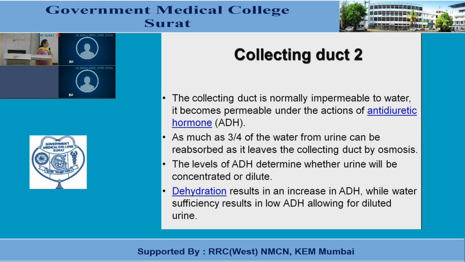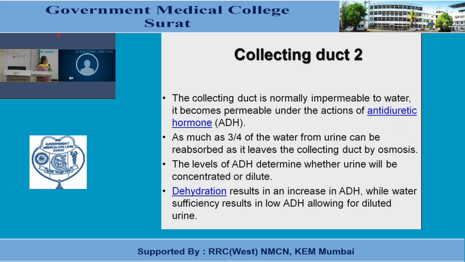At one end, the urea goes inside the tubule, and at the other end, it comes out. This recirculation of urea, which I will explain later, will lead to increased hyperosmolality in the medullary interstitium. Now, the levels of ADH will determine whether urine is concentrated or diluted. Dehydration results in an increase in ADH, while water sufficiency results in low ADH, allowing for a dilute urine.